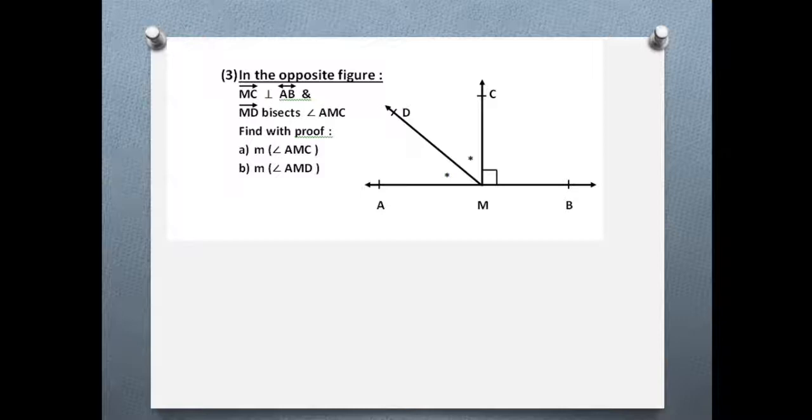So we have two adjacent and supplementary angles. To find AMC, you will subtract 180 minus 90. The answer will be 90. We have a ray MD bisecting the angle AMC. So the measure of angle AMD equals measure of angle DMC equals 90 divided by 2. It will be 45 degrees.